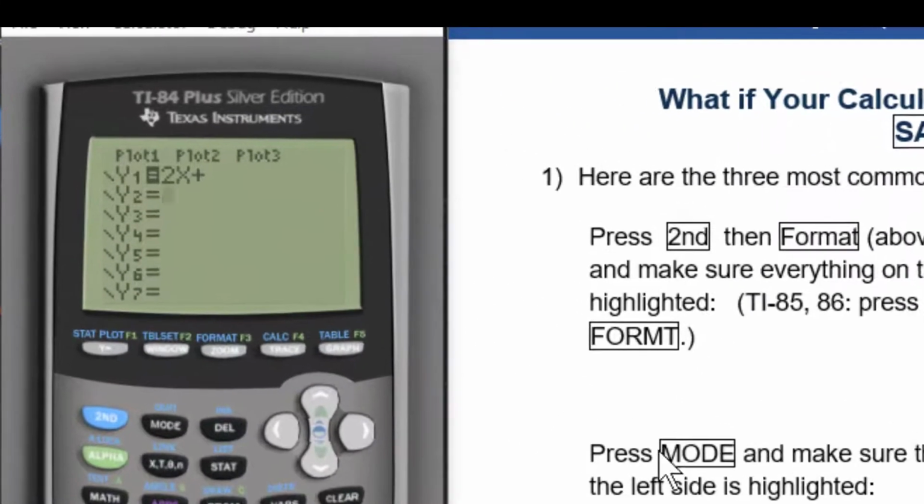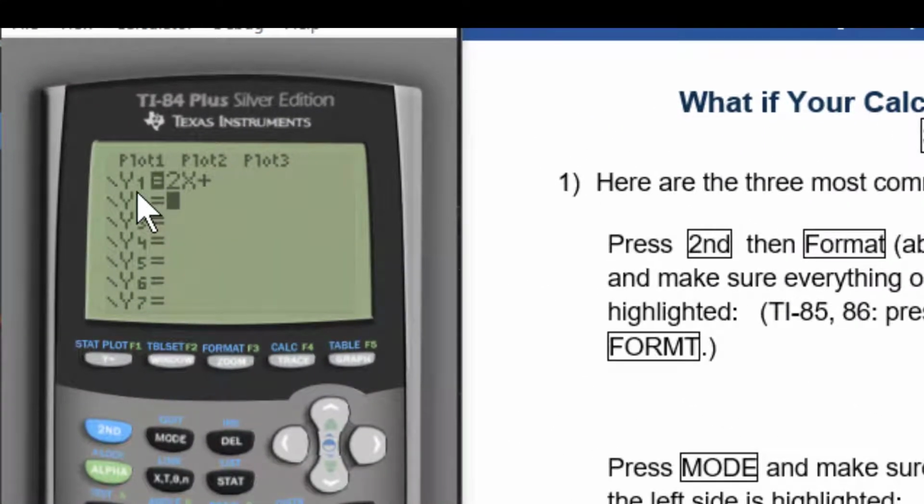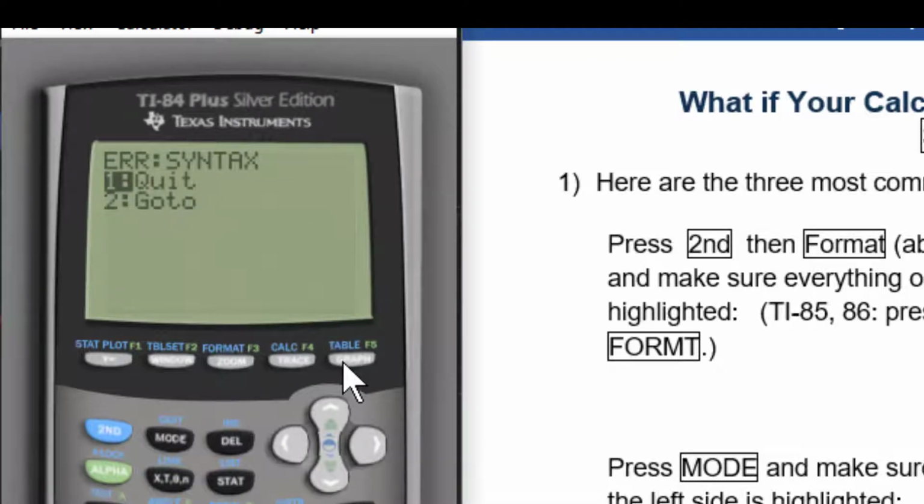Okay, I'm back. And look at what I wrote in this y equals screen. Y equals 2x plus. What is the calculator actually going to say when I ask it to graph that line? Well, let's press the graph key, and it says, I don't understand.